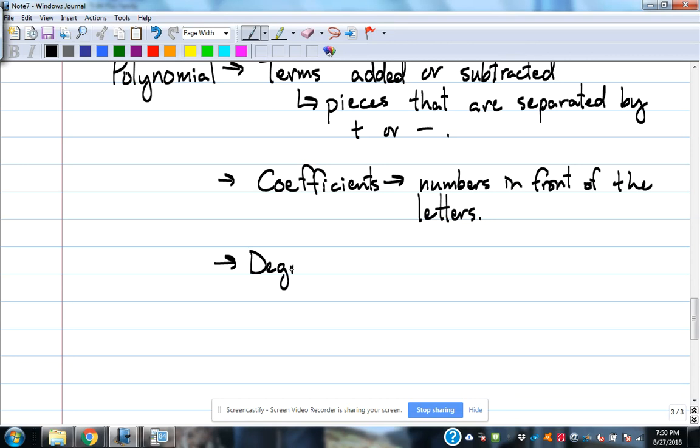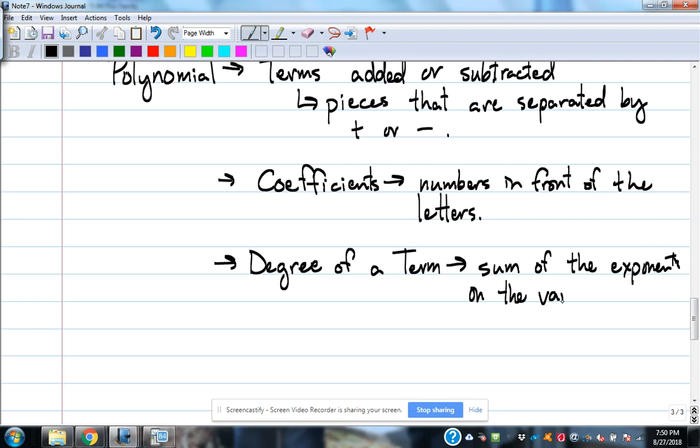The degree of a term. The degree of the term is the sum of the exponents on the variables for that term.